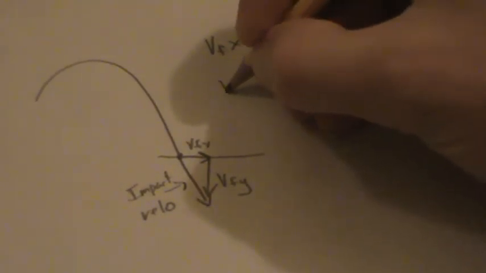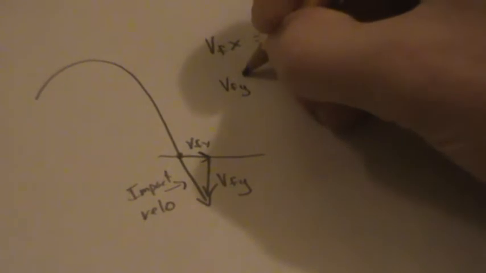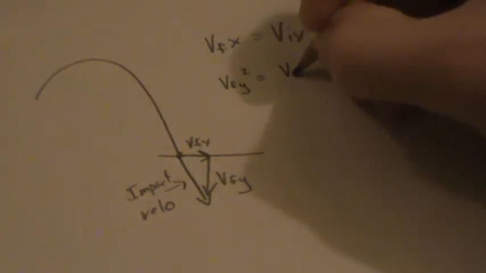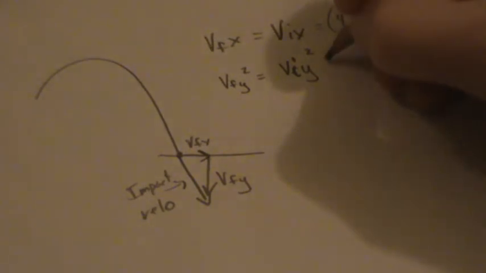I know that there's a formula that says VFY squared is equal to VIY squared, let's see, what do we want to do here?